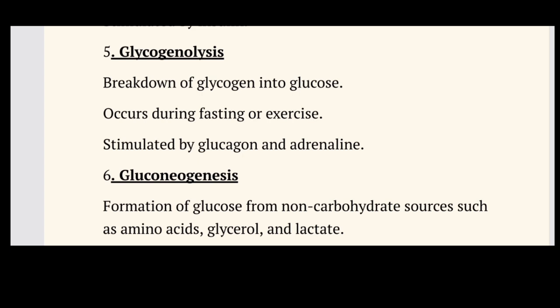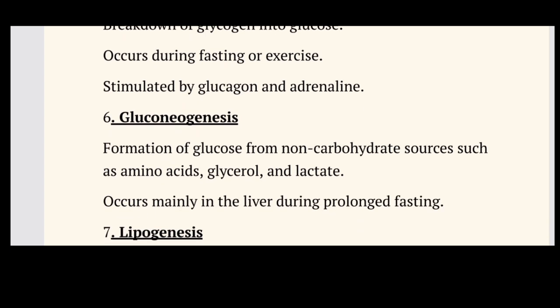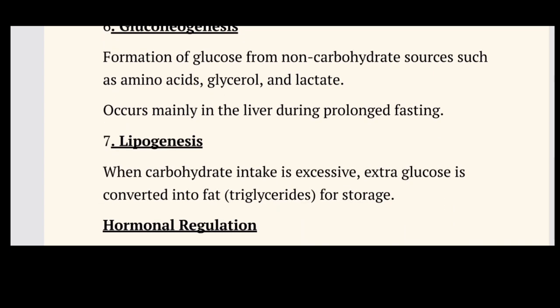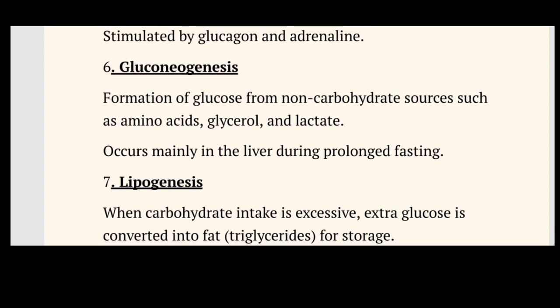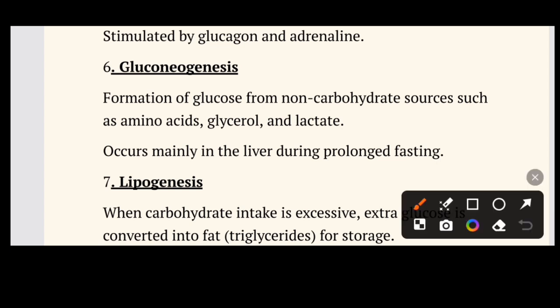Okay, what is the meaning of gluconeogenesis? Gluconeogenesis is the formation of glucose from non-carbohydrate sources such as amino acids, glycerol, and lactate. It occurs mainly in the liver during prolonged fasting. When does gluconeogenesis happen? When a person is fasting for a prolonged period and hasn't eaten any food, glucose is formed from non-carbohydrate sources such as amino acids, glycerol, and lactate.